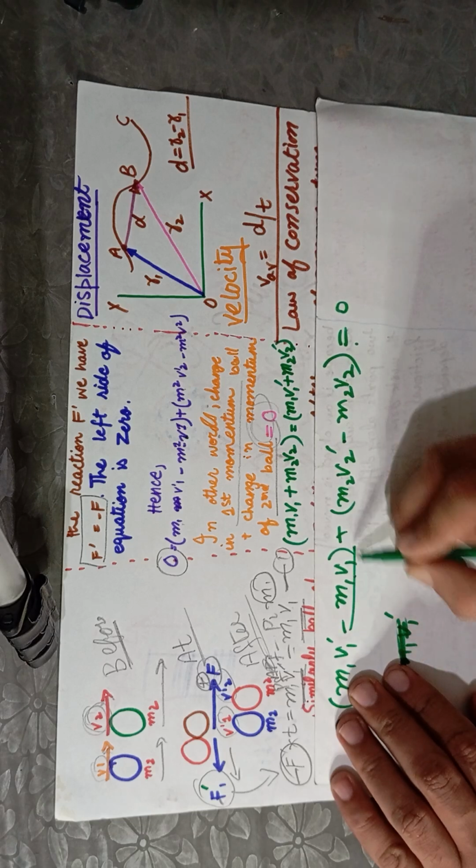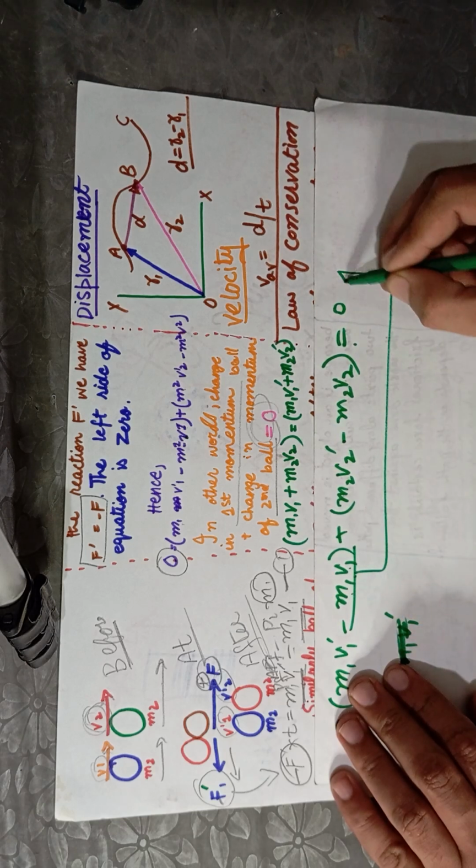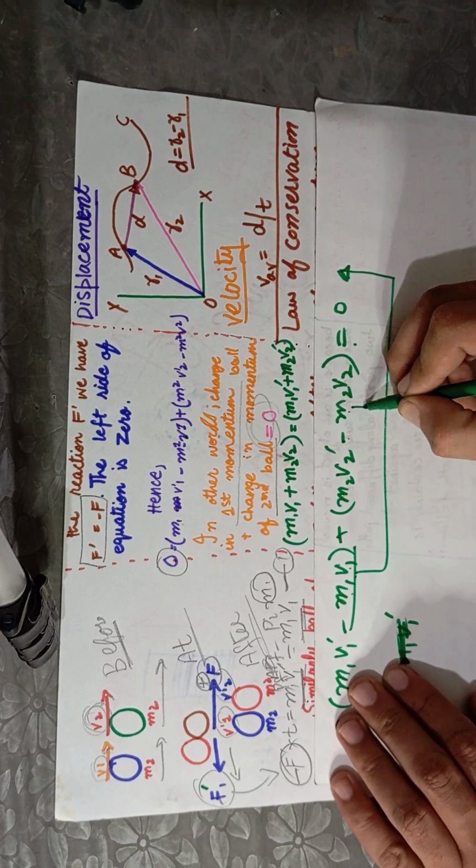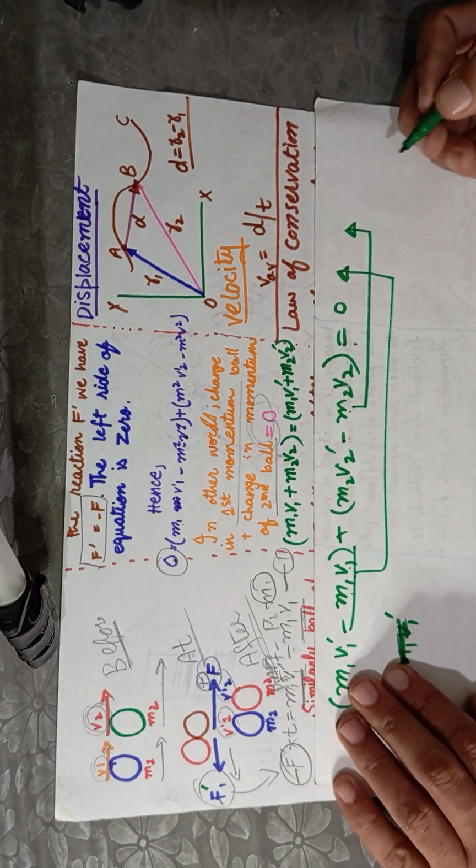This minus m1 v1 goes to the other side as positive. This minus m2 v2 goes to the other side as positive.